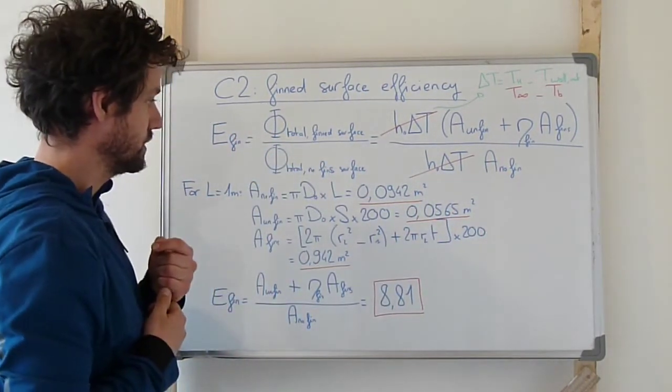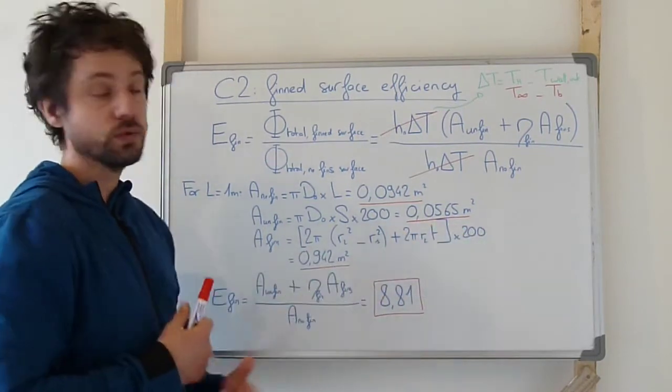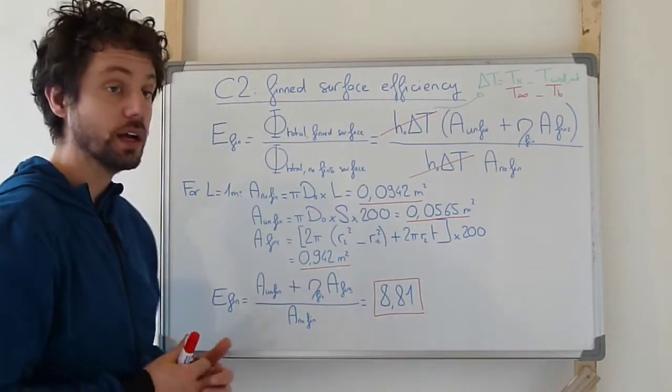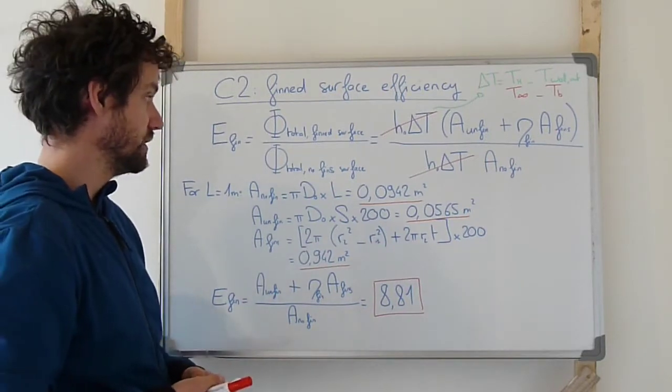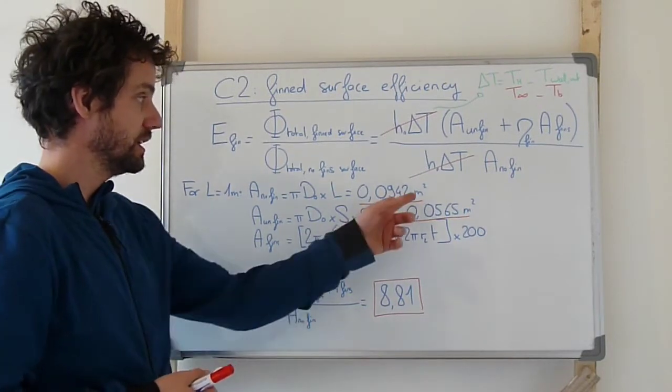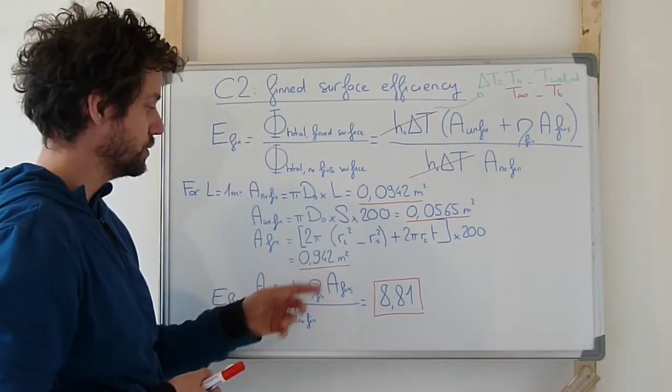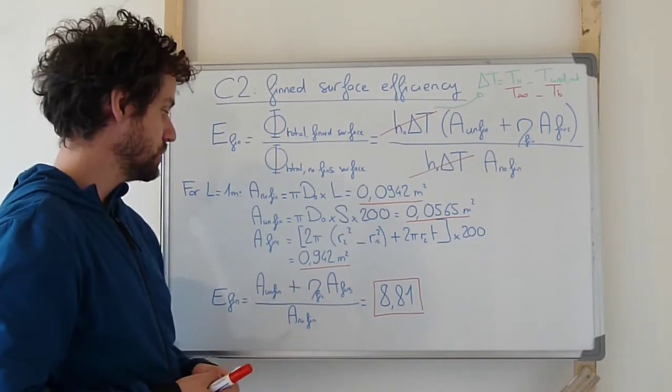We can calculate for 200 fins because we have 200 per meter, and we find a much higher surface. In fact, we get 10 times the area that we had without fins, so 0.942 square meter.